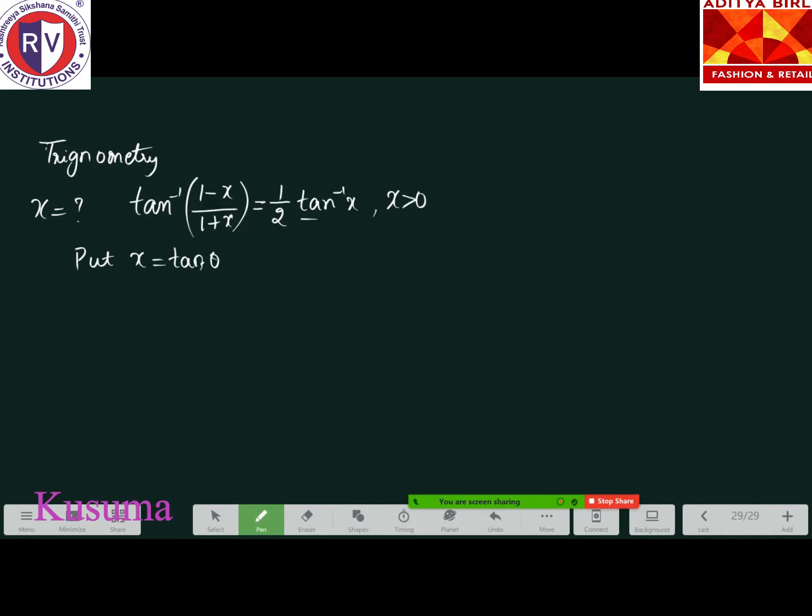Then the LHS will be tan inverse of (1 minus tan theta divided by 1 plus tan theta), which is equal to 1 by 2 tan inverse of tan theta.